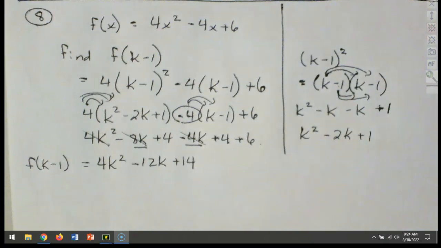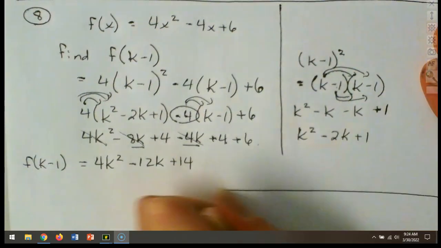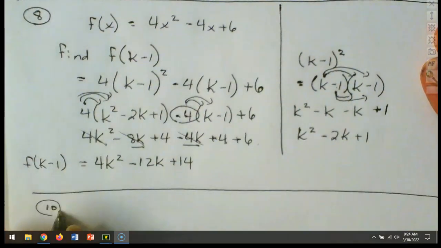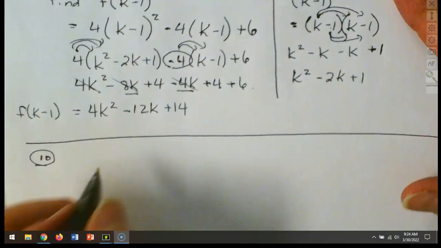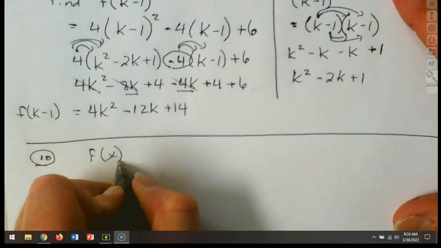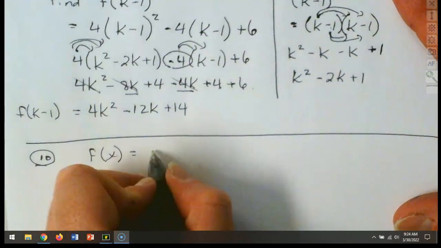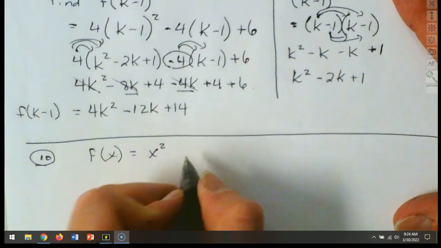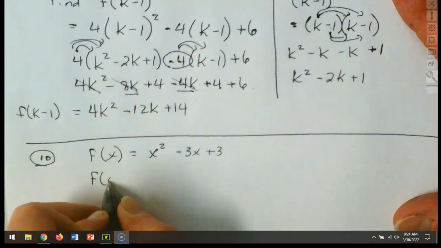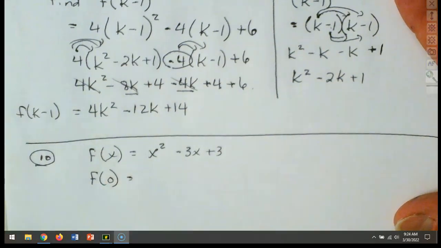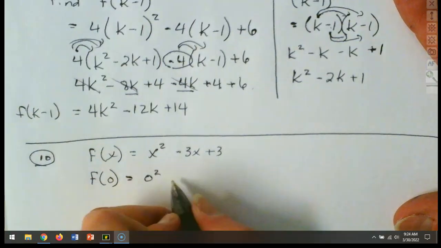Question 10. We're plugging the value 0 in. So we're going to be plugging in 0 into this function. And all we do is we replace the x with the 0.